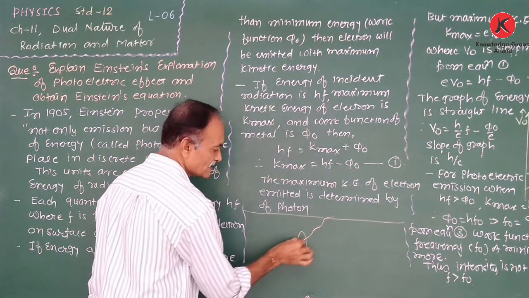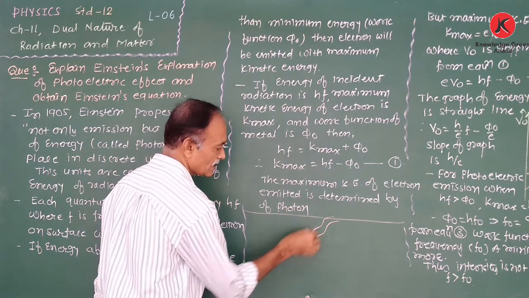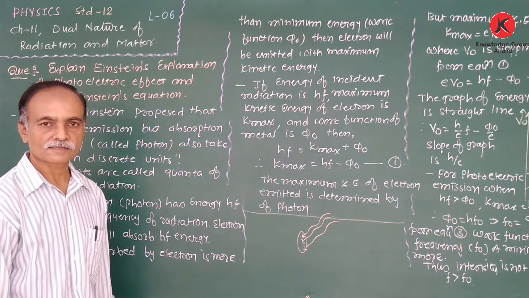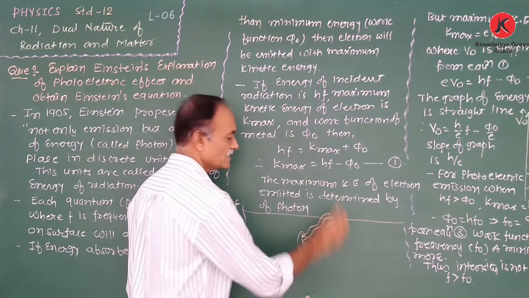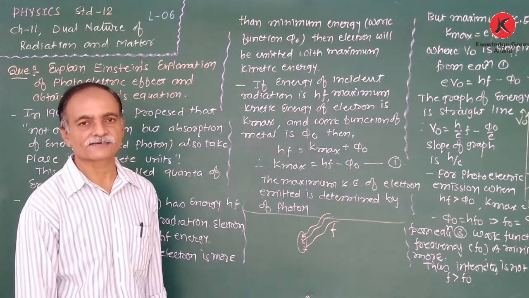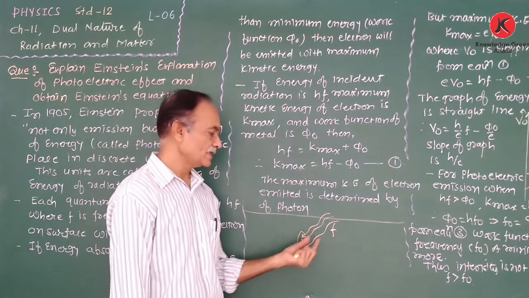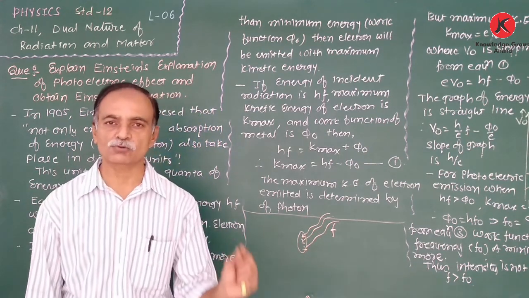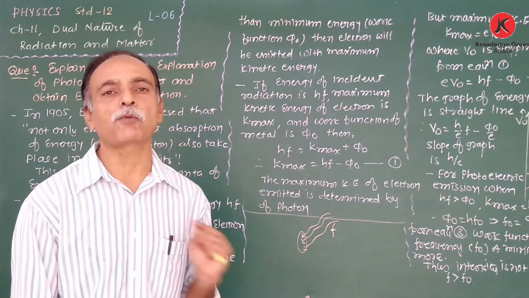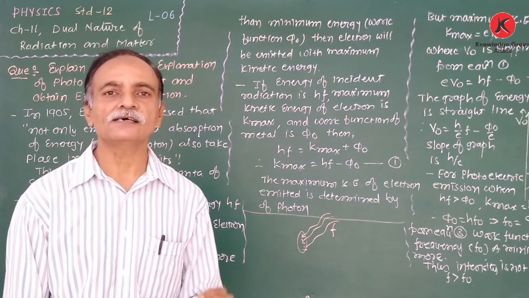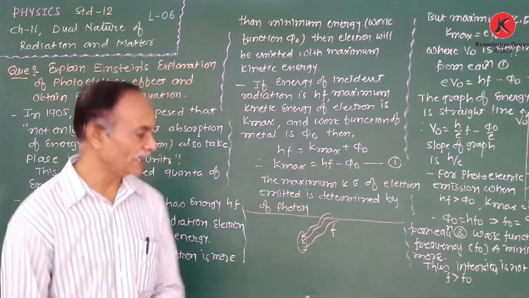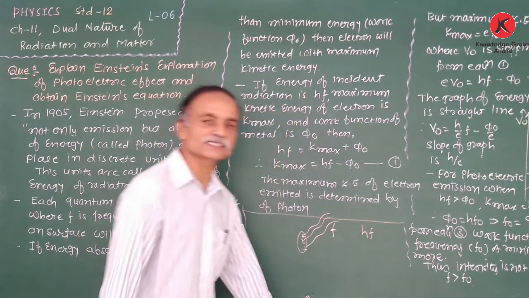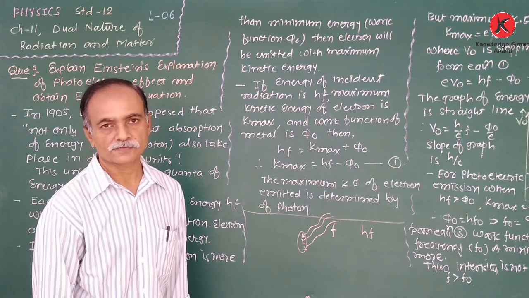As the radiation having frequency f is incident on the photosensitive surface, Einstein suggested that not only the emission but the absorption of energy also takes place in the form of photons. A photon is a type of particle having energy equal to hf, where f is the frequency of the incident wave.